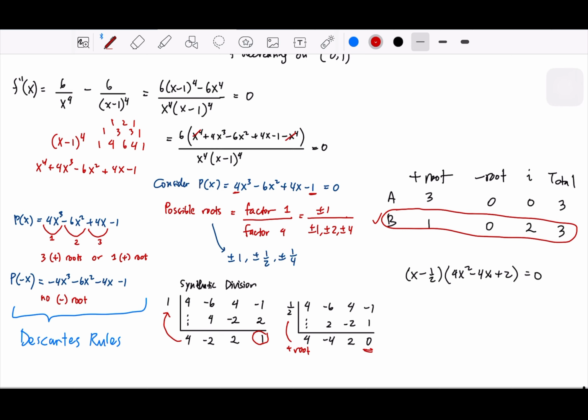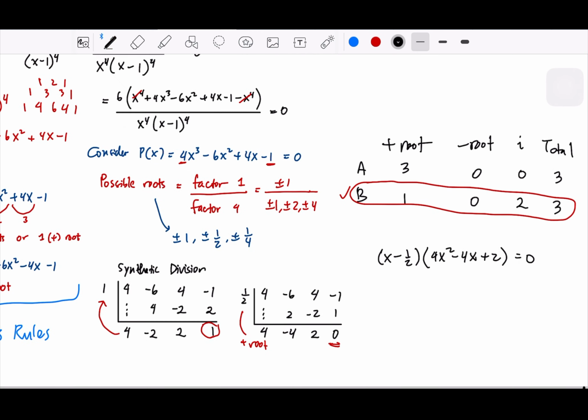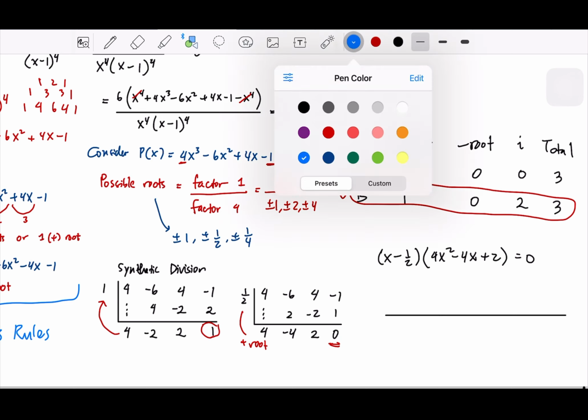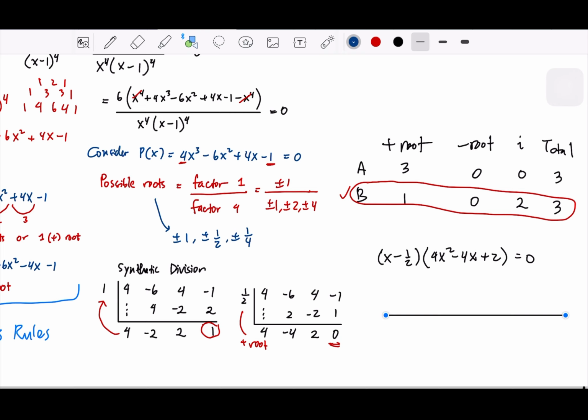So let's check this x equals half on the number line. Okay? So that's the important thing for our calculus. This other part here is just additional. So let's take our number line and put half.